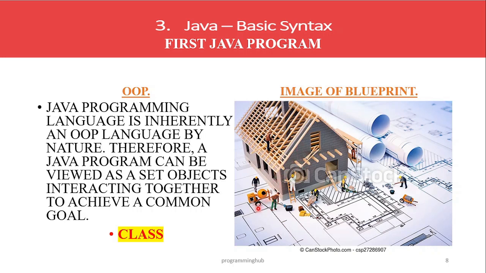Therefore, this house is the object, you can see the word object right there. It means that the class translates to the actual object, which gives us the actual functionality. So that is what I wanted to explain here.